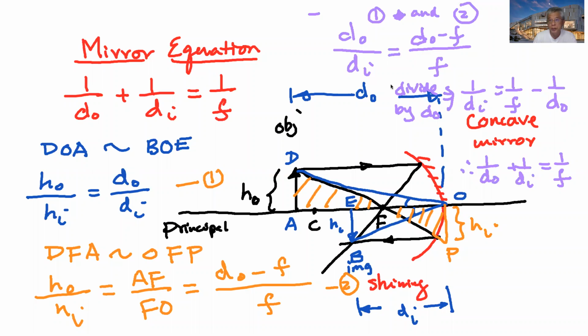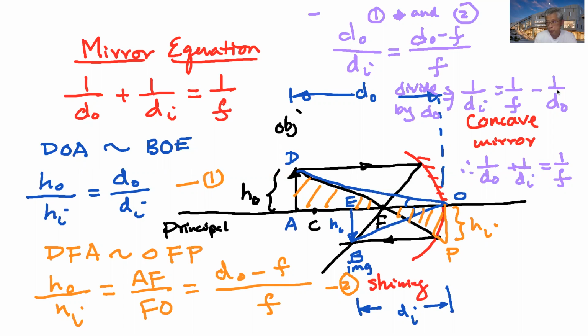Now we're going to divide both sides by dO. On the left-hand side, the dO cancels out, so that becomes 1 over dI. On the right, the first term is dO divided by F, so the dO cancels and we only have 1 over F left. Then minus F over F cancels to 1, and dividing by dO, it becomes 1 over dO.